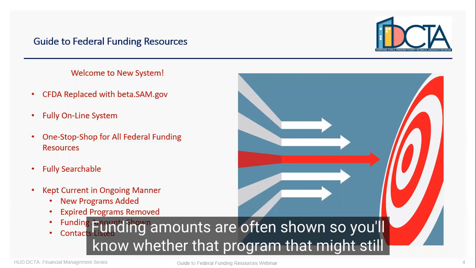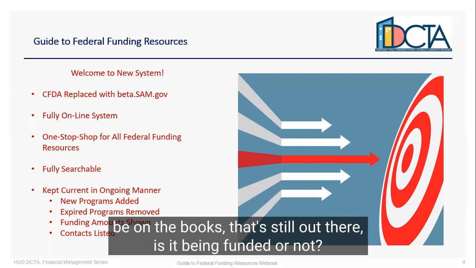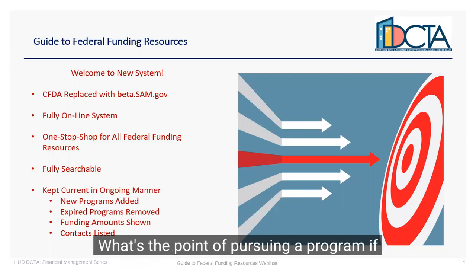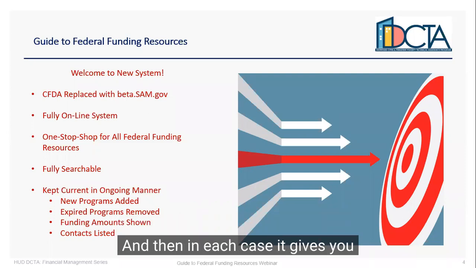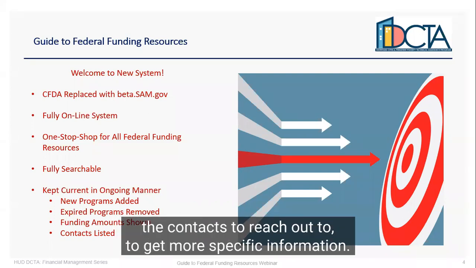Funding amounts are often shown, so you'll know whether that program that might still be on the books, that's still out there, is it being funded or not? What's the point of pursuing a program if you find out that there is no current money available for that program? And then in each case, it gives you the contacts to reach out to get more specific information.